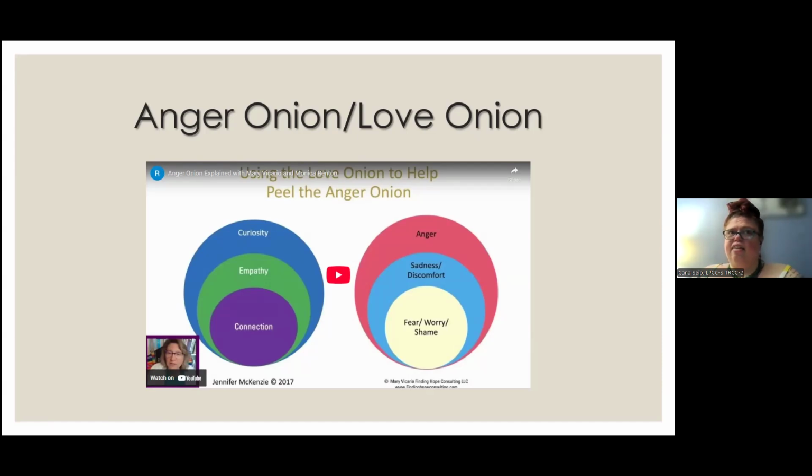And a colleague of hers heard about this and developed the love onion to combat the anger and the sadness and the fear that we discover from using the anger onion with a client. So making something positive from the same information. Okay, so I will let Mary Vicario take it away here.